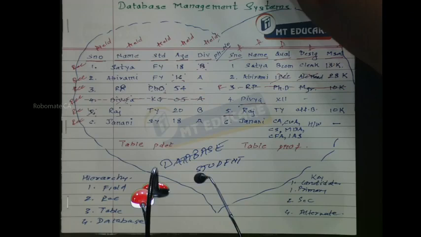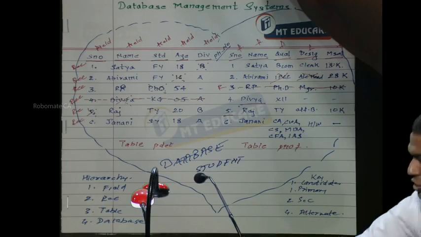So data is the same, book is the same, right? Any changes made in the system, the data will be affected. But this is not a good sign. My data should not be affected. So what will I do? I will have database management system. In a database management system, you will be having a database where I will be storing the data.